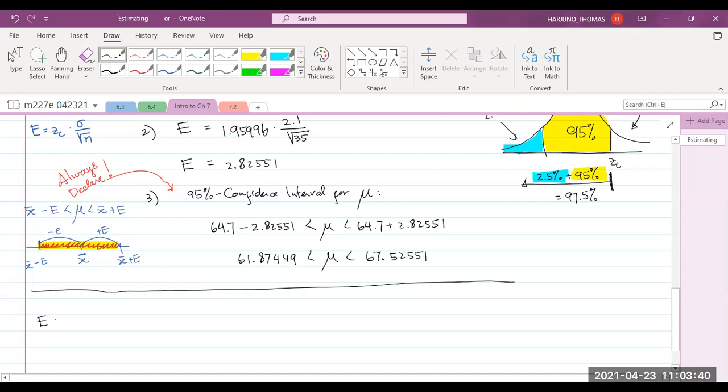Okay, example 2. Let's say we sample 20 students, and the sample mean for the IQ is 107. Now we know the standard deviation of IQ score is 15 in general, even for students.